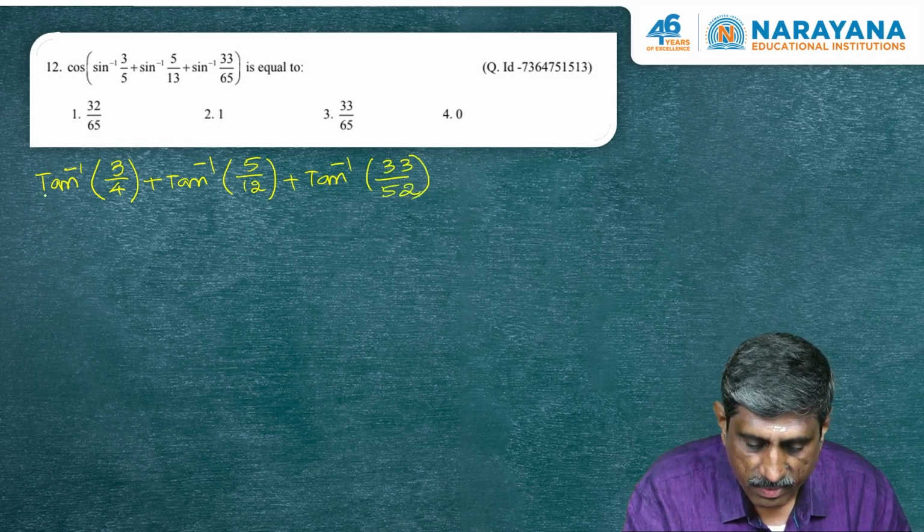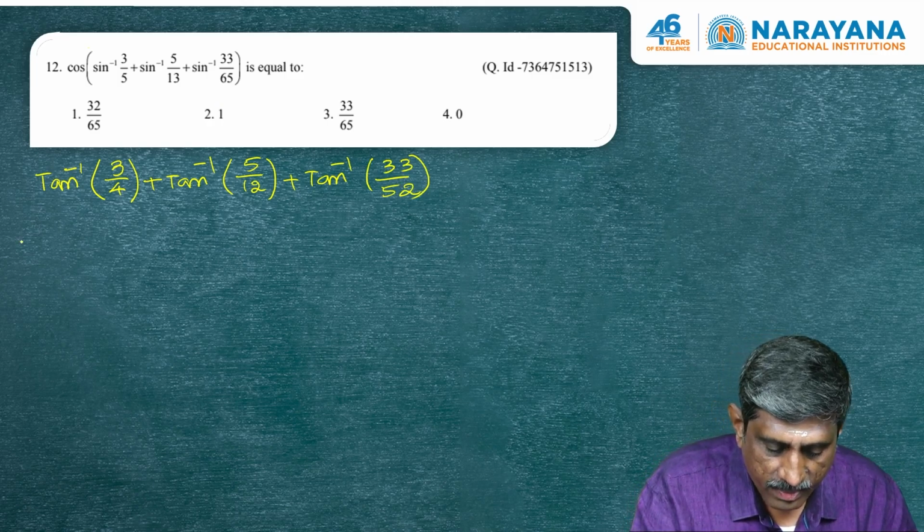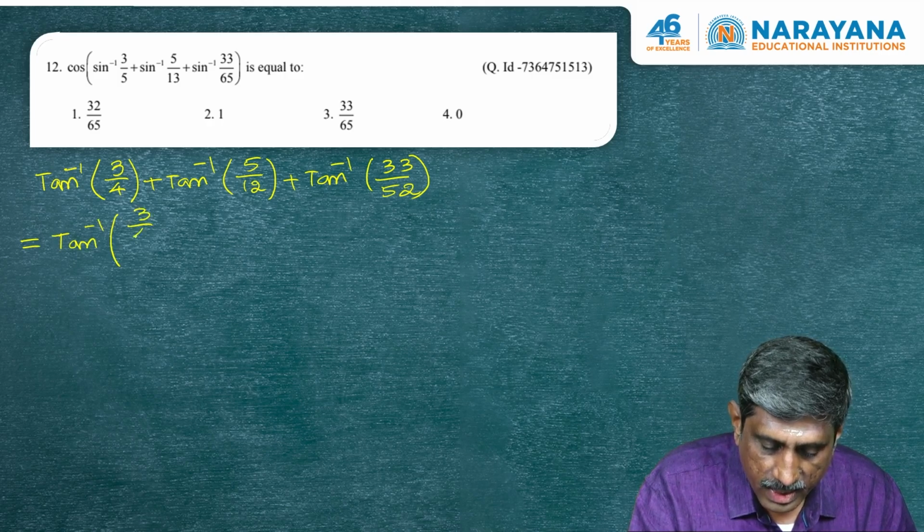Without cos, I am just finding out the value inside the bracket. So, when we simplify this, tan inverse of x plus tan inverse of y is tan inverse of x plus y divided by 1 minus xy.